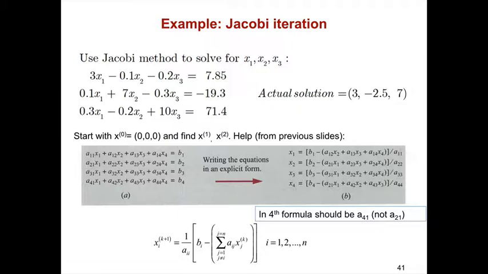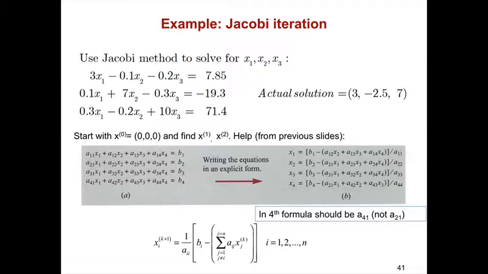So my x1, 1 is when I plug in zeros. What's 7.85 divided by 3? 2.62. X2, 1 is minus 19.3 divided by 7. How much is that? Negative 2.57.